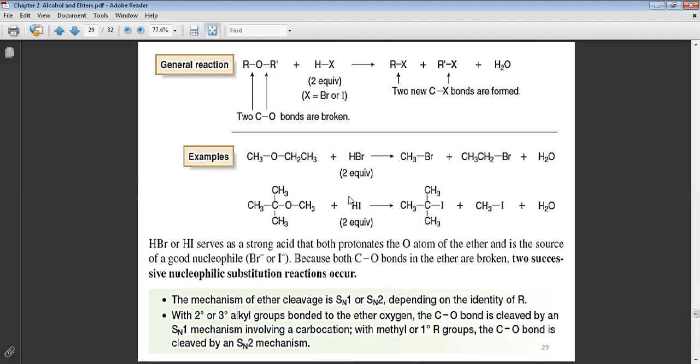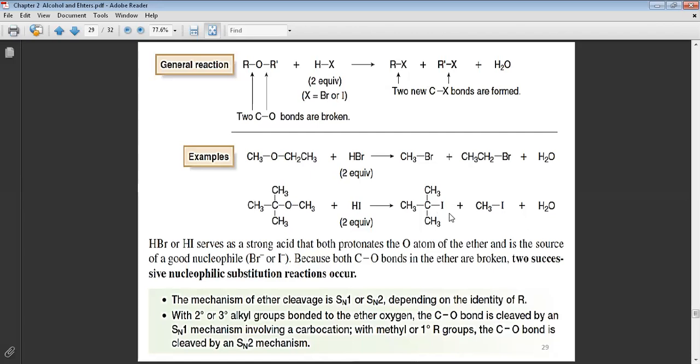That means the benefit of using the acid is, number 1, it is a source of proton, and the second is that it gives you a good nucleophile. He said that to succeed, nucleophilic substitution reactions occur. That means we have 2 nucleophilic substitution reactions happening on the ether to give you the final product.